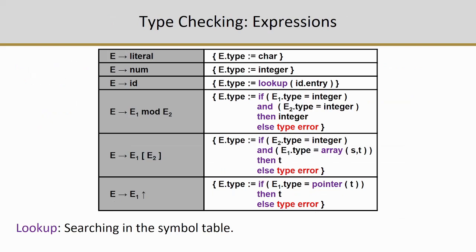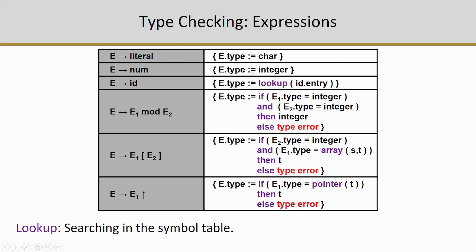And if we have a constant containing a series of characters, it is considered to be a character type. If we have a number, it is considered to be an integer. And for an ID, we utilize the symbol table again, since, as I mentioned, first we have to declare each variable and place the type information in the symbol table.